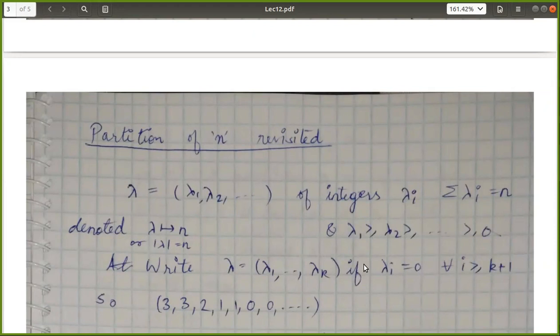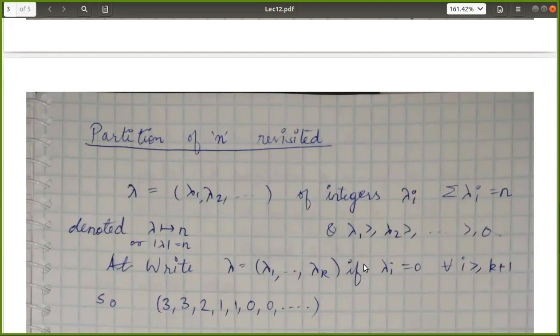So for instance, 3 could be written as 1 plus 2, as 2 plus 1, and as 1 plus 1 plus 1, and all three were different compositions, right?